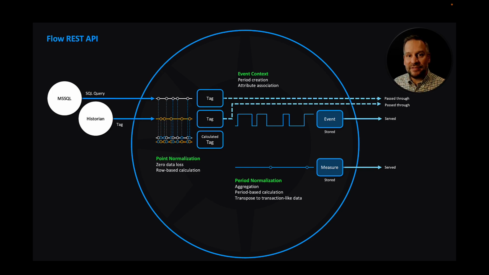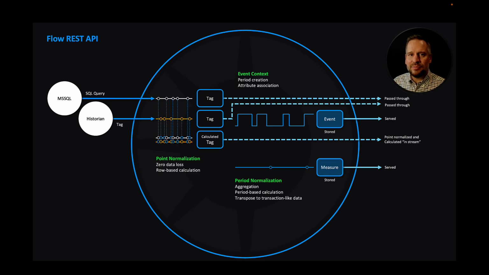I'm going to have a standardized and normalized data packet coming in every time I ask for data from my Flow API. Also, those calculated tags that we're processing in stream inside of Flow, I can ask for the results of those tags as well with this API.